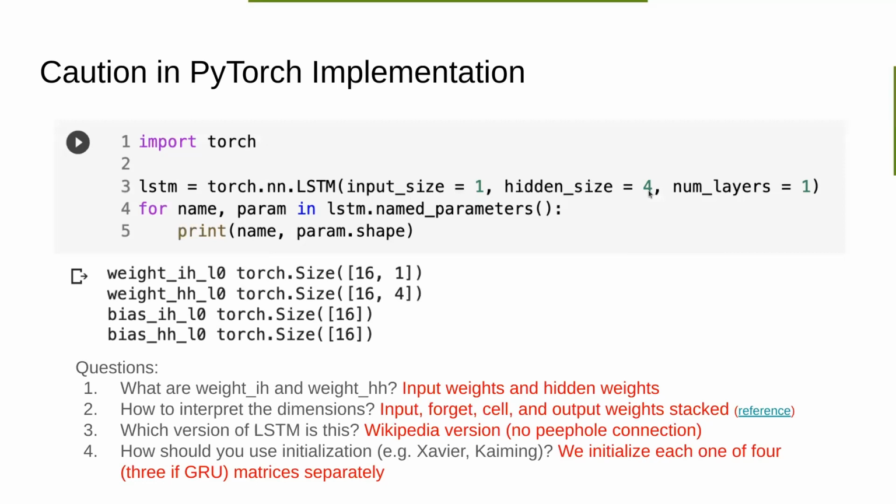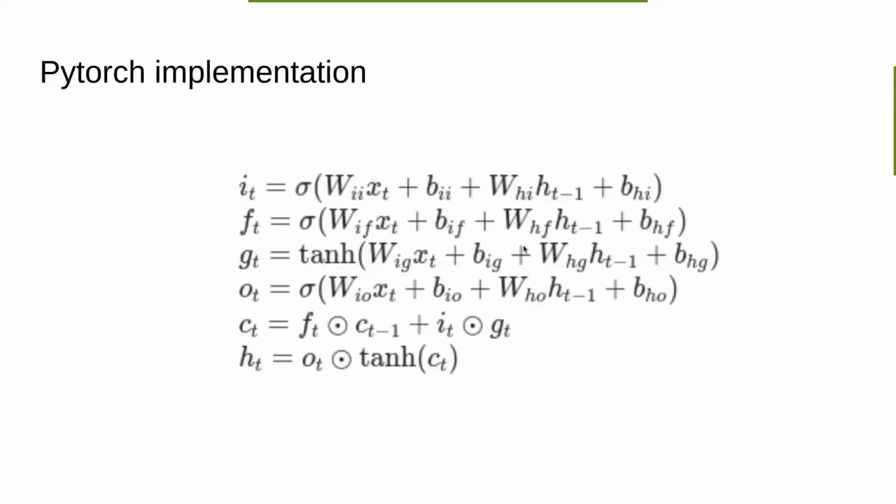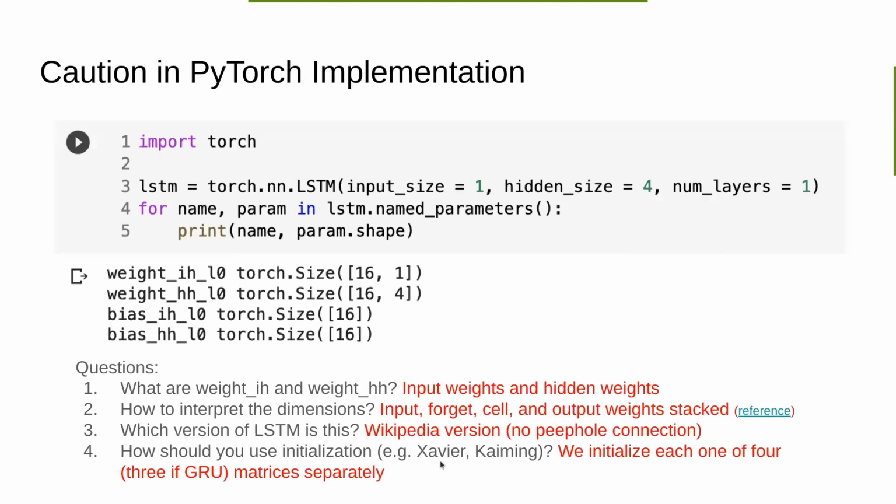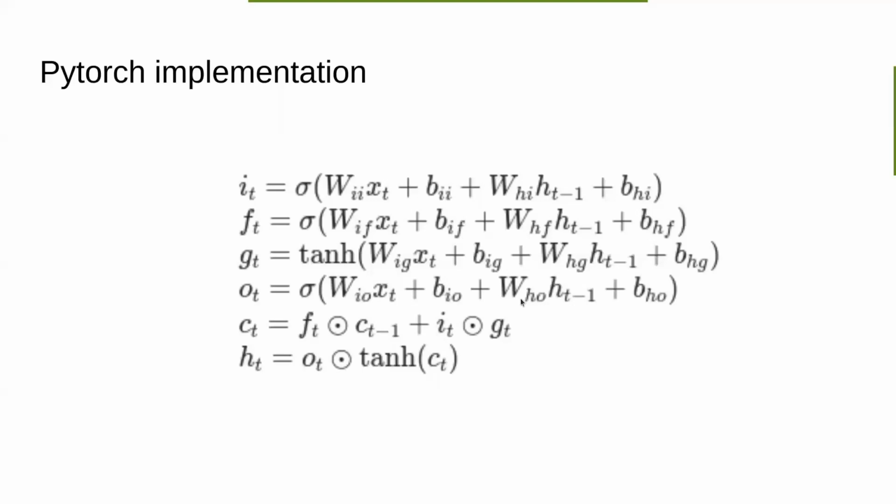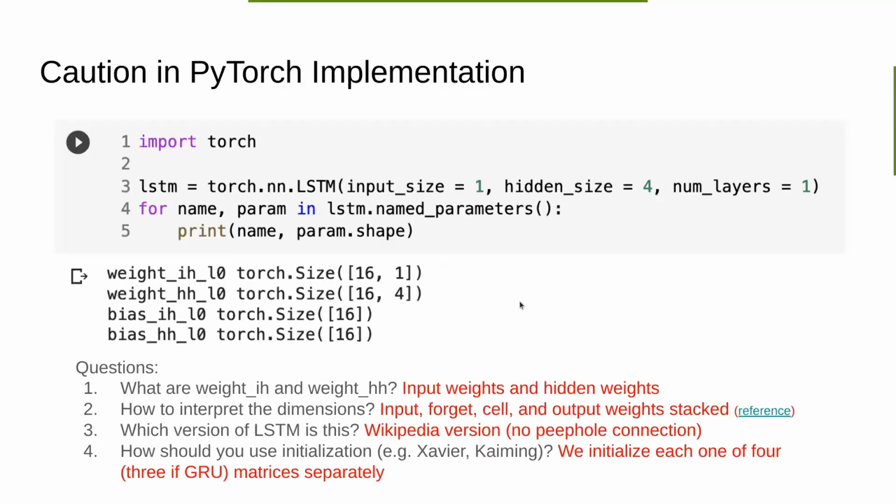Now, if you look at the hidden weights, you have 4 of those, and that's why you have 16 cross 4. This is something to note here. Because you have 4 of those, you end up having a size of 16 cross 4.